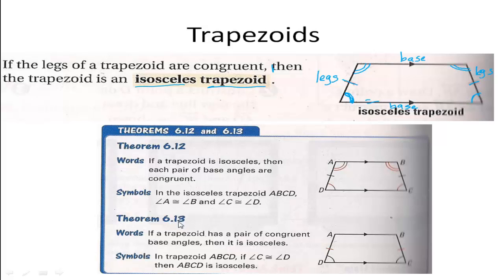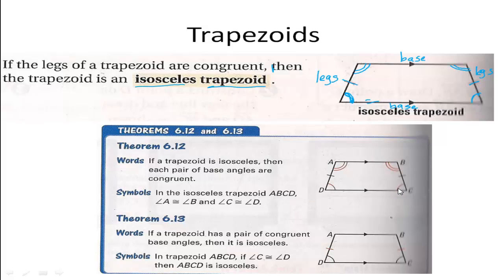And Theorem 6.13 says that if a trapezoid has a pair of congruent base angles, then I can conclude that it's isosceles. So 2 ways you have: if you know that it's an isosceles trapezoid, then you can state that the base angles will be congruent with each other.